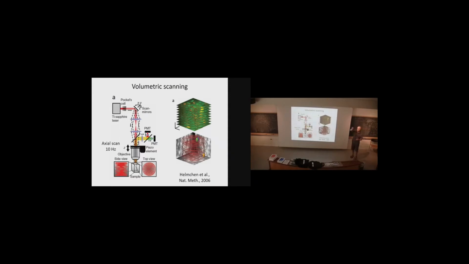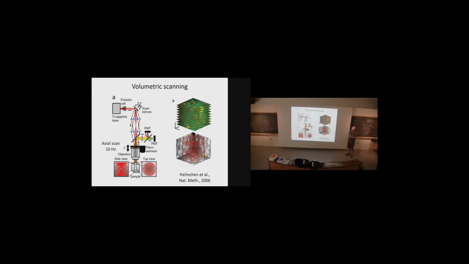What they had was moving mirrors that did this sort of spiral shape. They were both resonant in X and Y, and they breathed the amplitude of the spiral shape. So there's a spiral that's expanding, breathing, and then they moved the objective up and down so that they could probe a volume in their tissue using 2-photon microscopy.